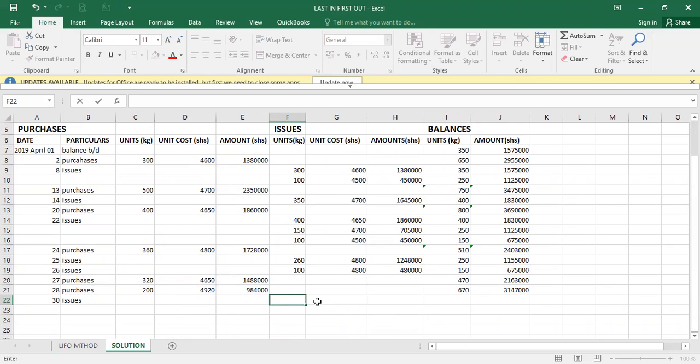So we are going to first exhaust the 200, which is there at a cost of 4,920. Then this one will be this times this. Enter, then we get our units. Since we are issuing out, it will be this minus that. So it will give us 400.